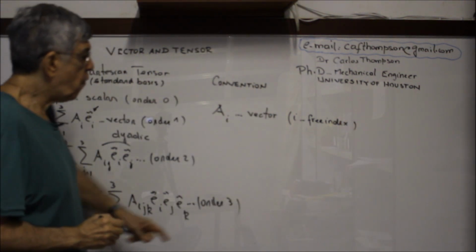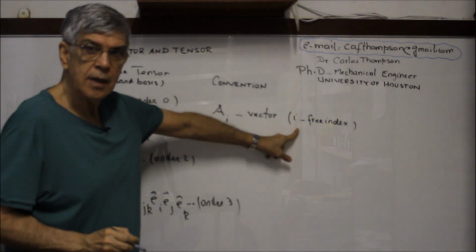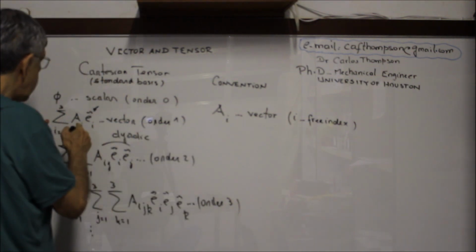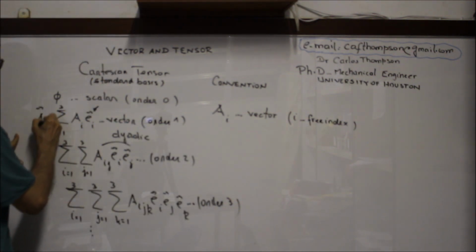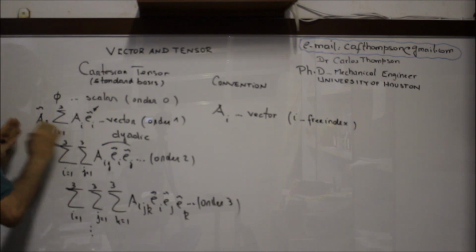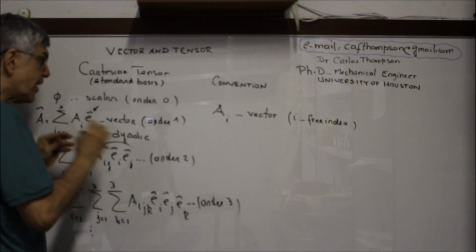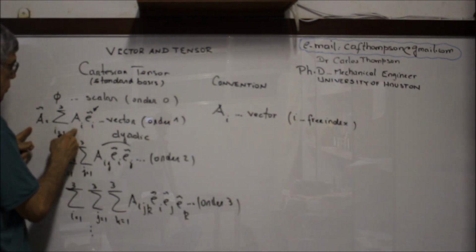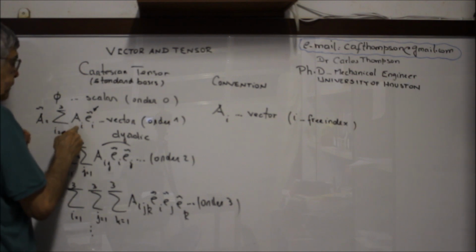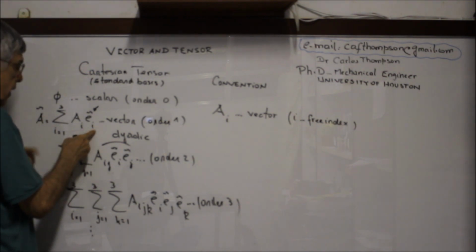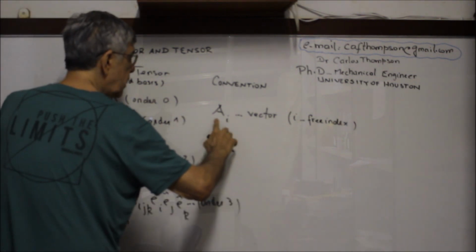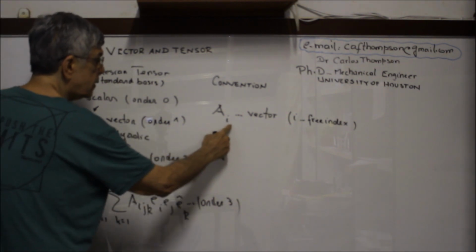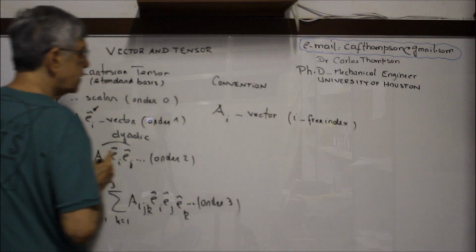Now for i equal to 1, I have the component of vector A. You see the vector A. For i equal to 1, I know that the component of this vector belongs to the E1 axis, the x1 axis. So I just write the scalar quantity ai here. This is one free index.